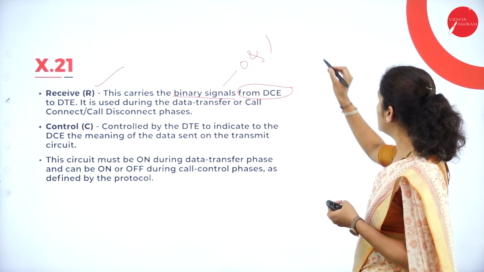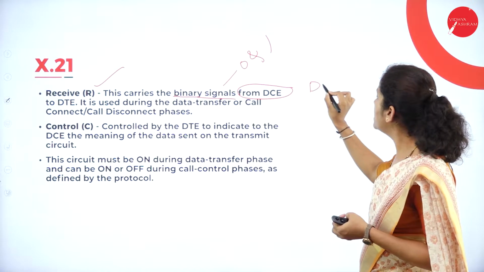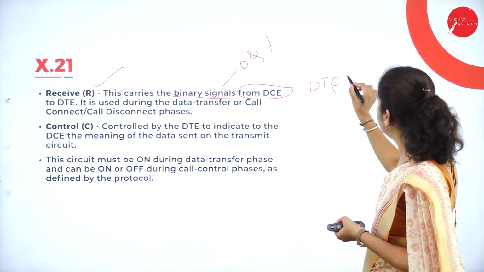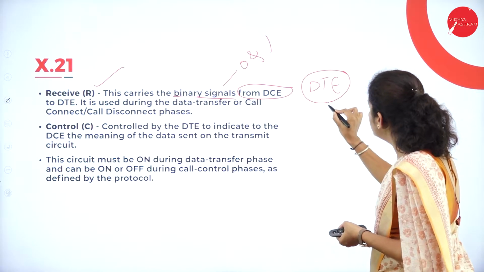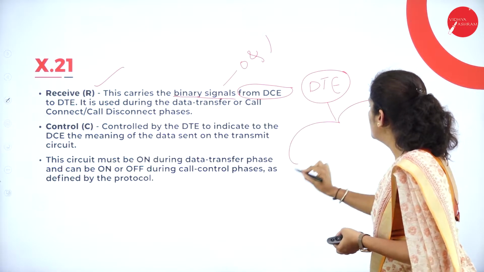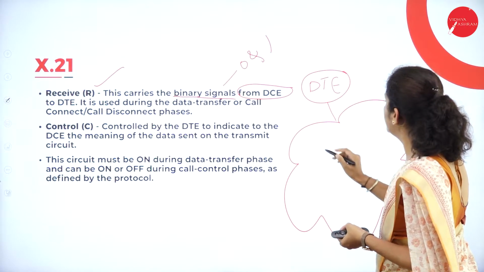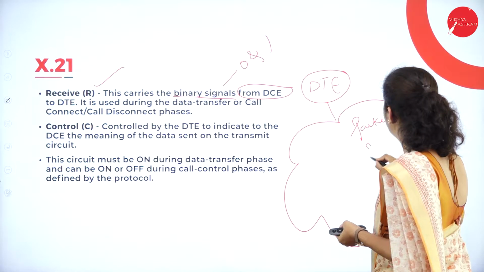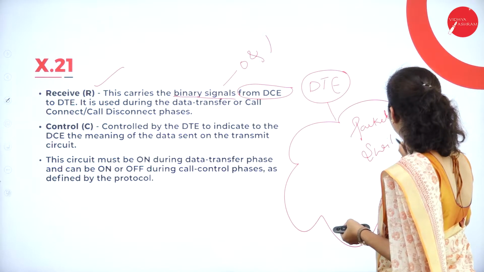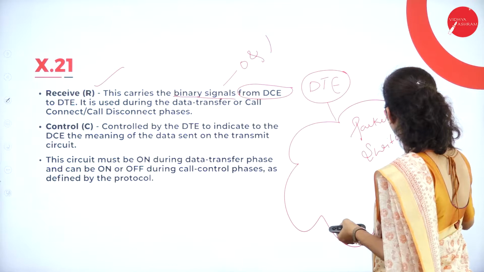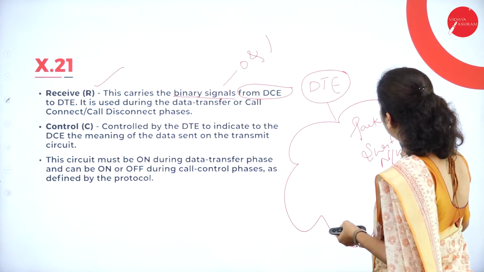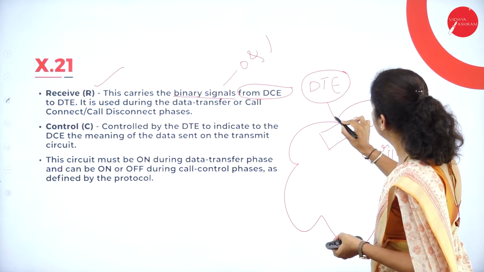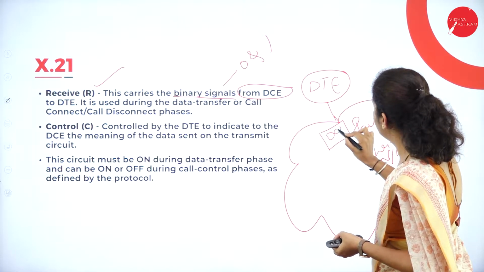So consider the example. This is my DTE. DTE means data terminal equipment, and this is connected to a packet switching network. In the packet switching network, we are going to get DCE.